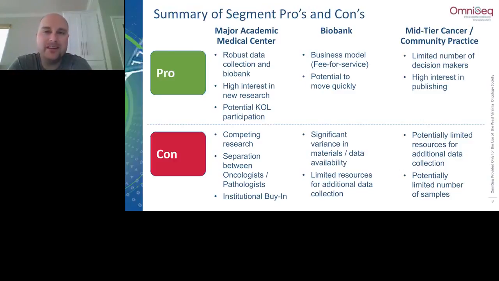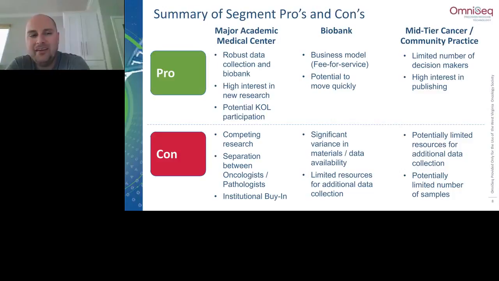But especially on the data side, there's very limited opportunity with biobanks to go back and pull more data, simply because the biobank will typically employ an operational staff, perhaps a business development function, but they don't tend to have relationships in which they can go back to an oncologist, to a radiologist, even to a research fellow, and get additional information that you may need for a study.